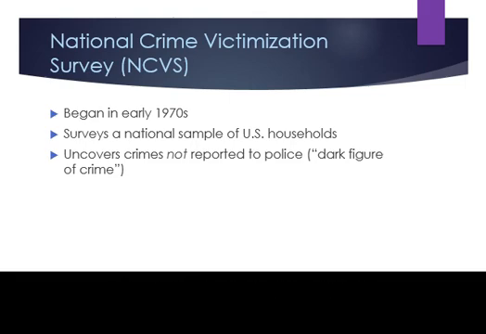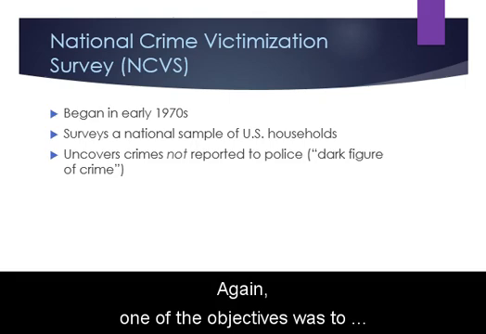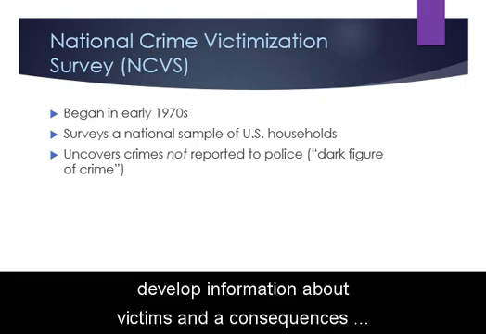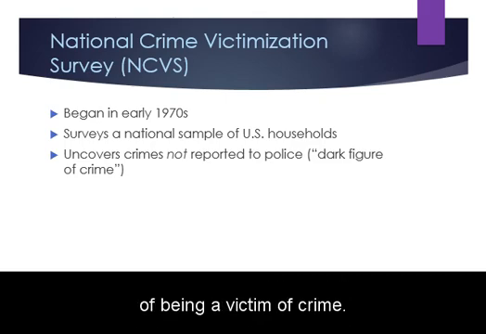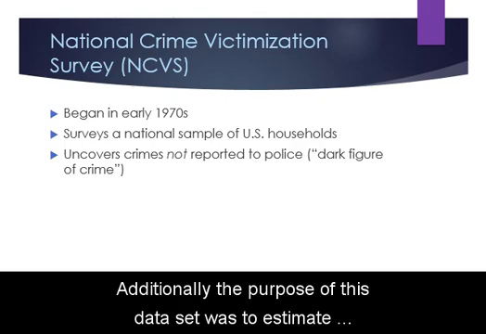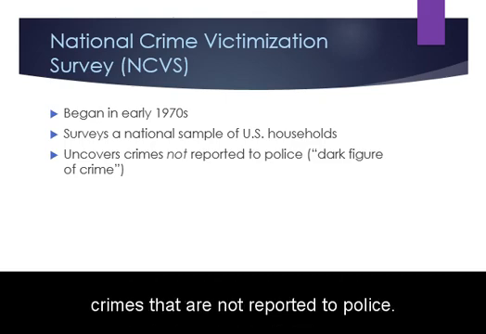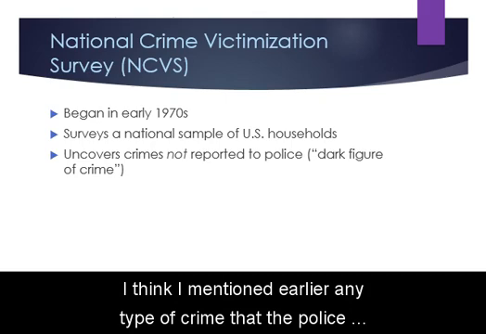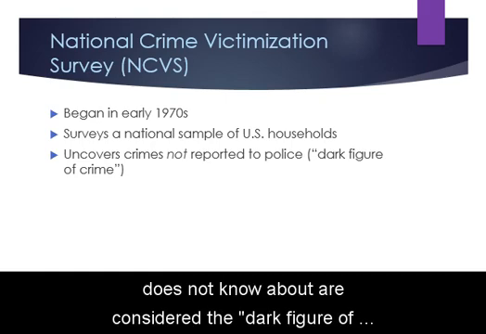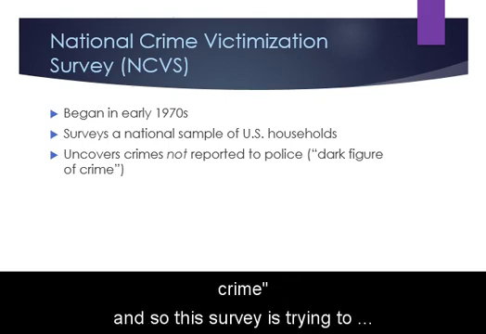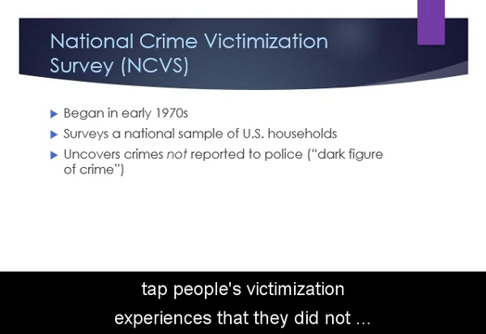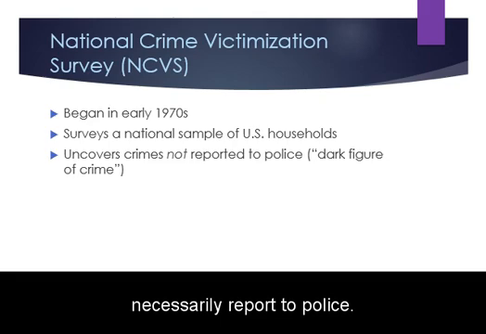One of the objectives was to develop information about victims and the consequences of being a victim of crime. Additionally, the purpose of this data set was to estimate crimes that are not reported to police. I mentioned earlier that any type of crime that the police do not know about is considered the dark figure of crime, and this survey is trying to tap people's victimization experiences that they did not necessarily report to police.